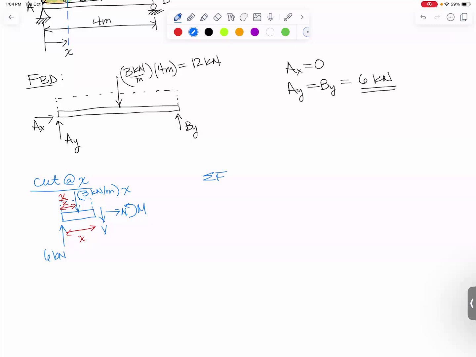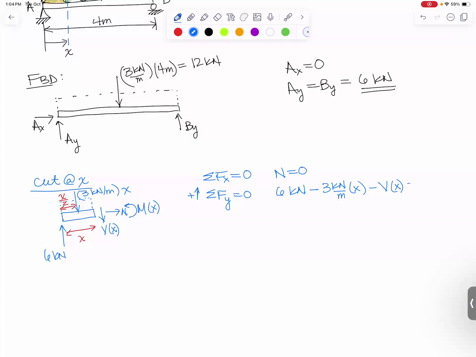If we sum forces in the X, we get that the normal force is 0. It will be for most of these problems. We sum forces in the Y direction. Pick a sign convention. It looks like I have 6 kilonewtons upward minus 3 kilonewtons per meter times X minus V. If you want to call this V of X and M of X, you totally can.